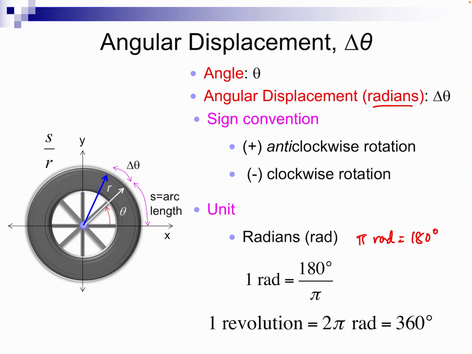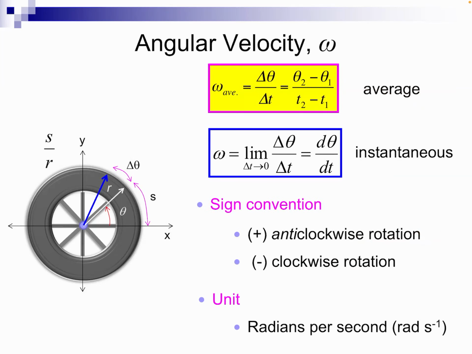So angular displacement is measured in terms of the angle theta, the change in the position theta, or delta theta. Angular velocity is how fast this position changes. In linear motion, we define velocity as displacement over time. In angular velocity, it's the same principle. It's the displacement over time, but this time it's angular displacement over time.